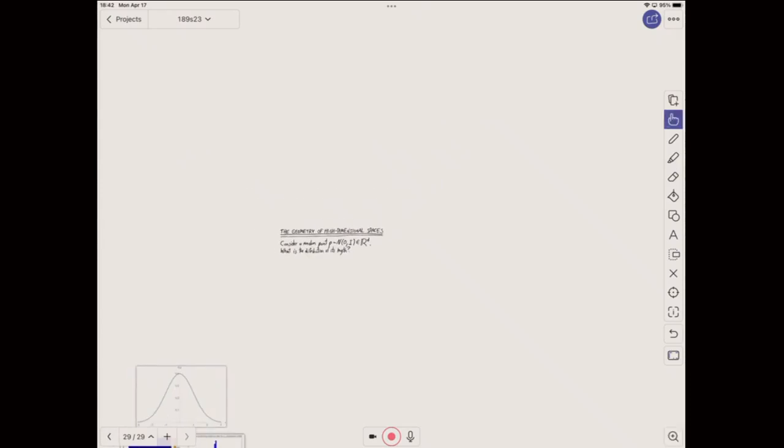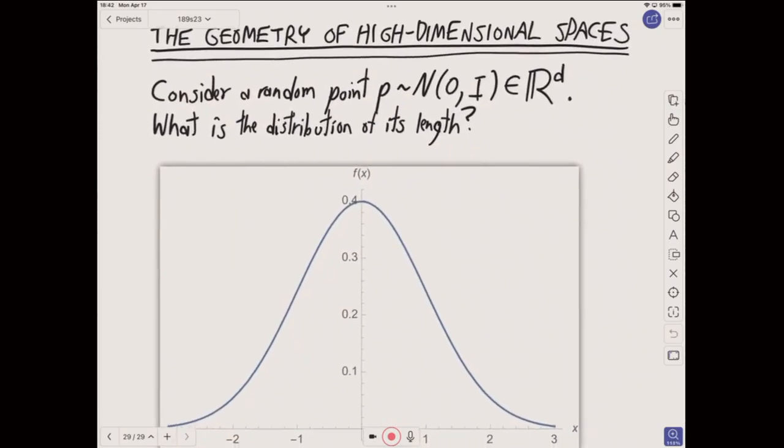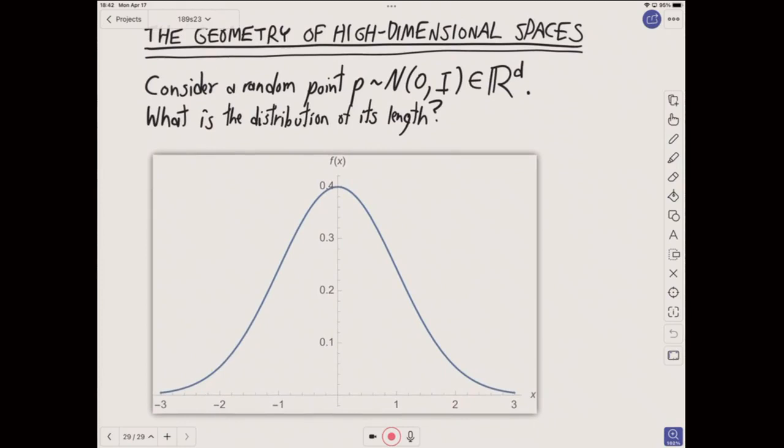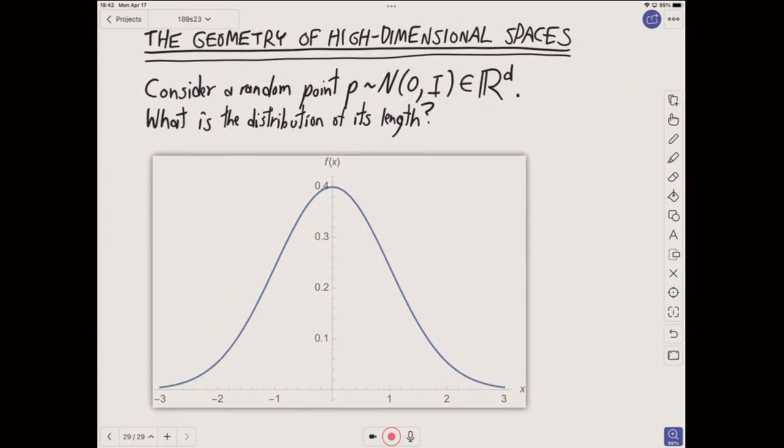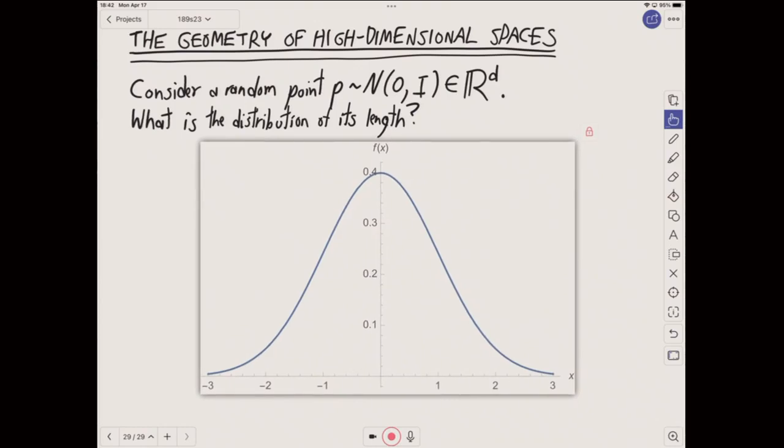So, just a reminder of what the normal distribution looks like in one-dimensional space. There's a one-dimensional normal distribution, and if we take our intuitions from this, as we usually do, you might be a little bit misled about what's going to happen in high-dimensional space. Because when you look at this distribution, it's pretty clear that there's a pretty high chance of getting a point that's close to zero.